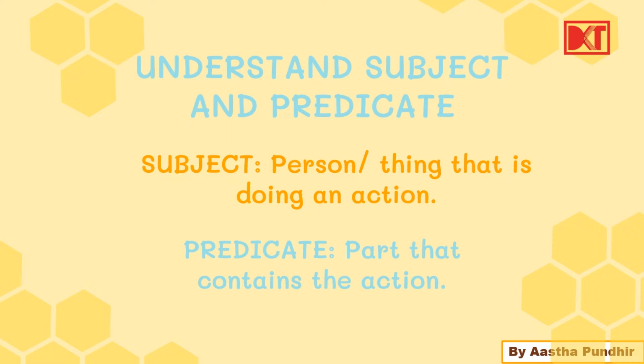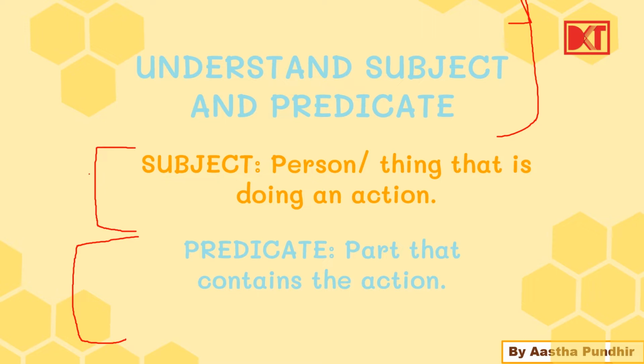Okay, so for solving the jumbled sentences, which I showed you in the previous slide, what you have to do is first understand the subject and predicate. Now, subject is the person or thing that is doing an action. And predicate is the part that contains the action.